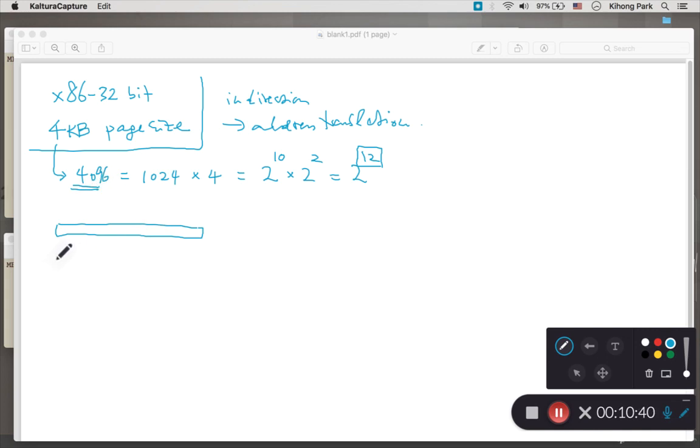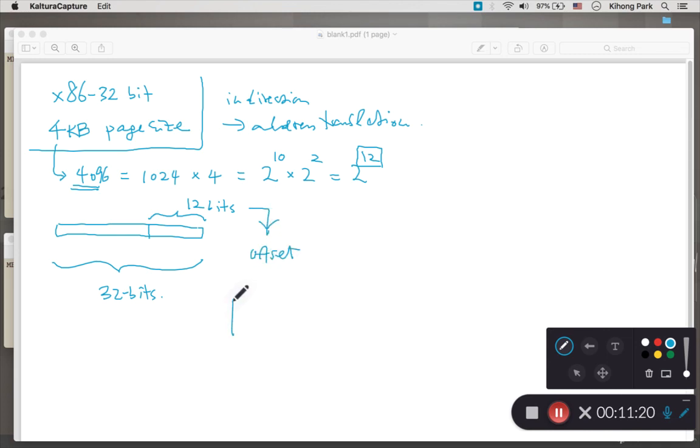That means that if this is the address, which is 32 bits in our architecture, then we need to have here 12 bits that are used, so 12 bits that are used to specify which byte we are interested in within a given page. So these 12 bits are used to identify what we term as offset.